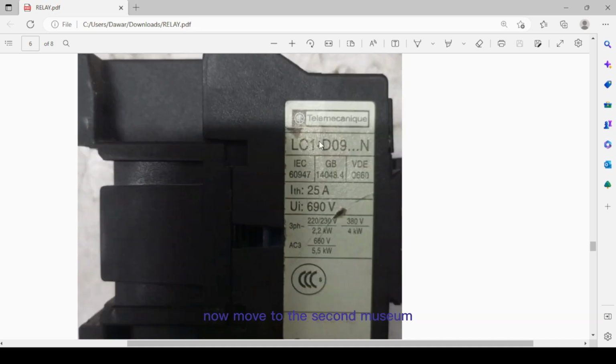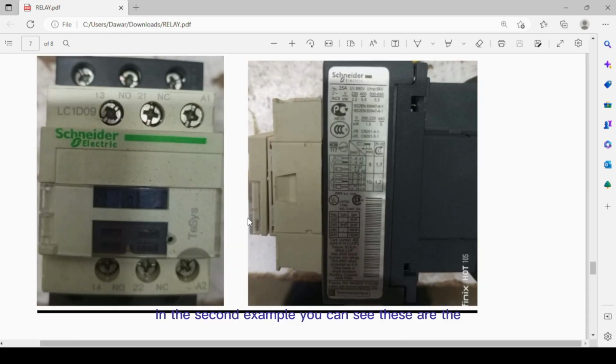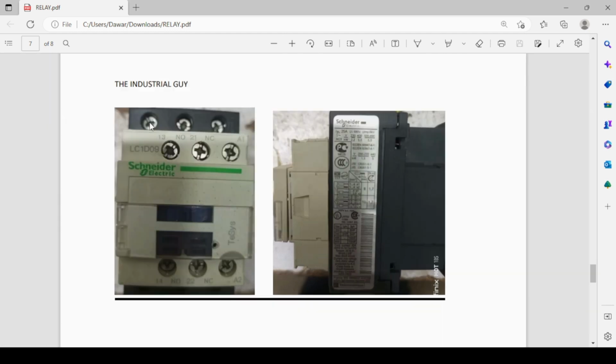Now move to the second example. In the second example, I hope this image is clear, you can see 1 2 3 here, 4 5 6. These are the main contacts of this contactor, and these are the auxiliaries. You can see NO, NC, and these are the coil of this contactor.